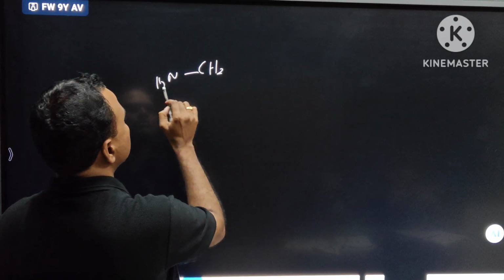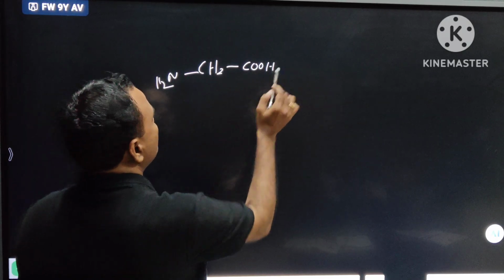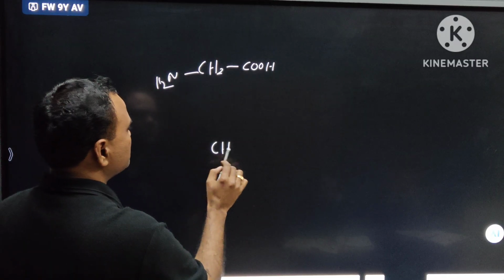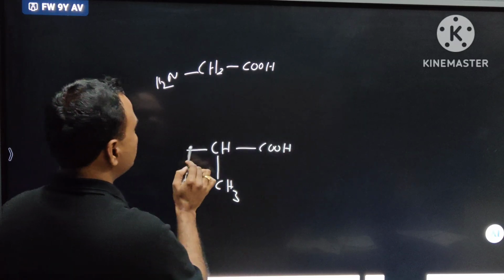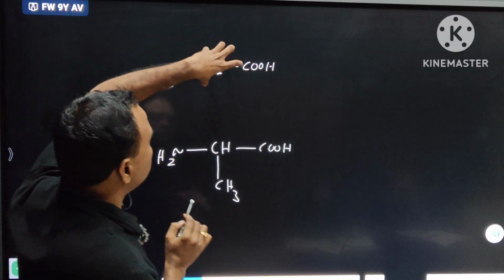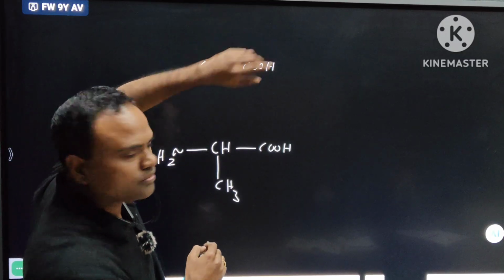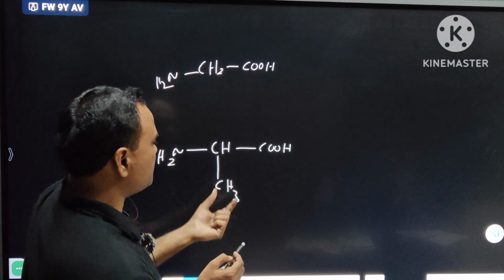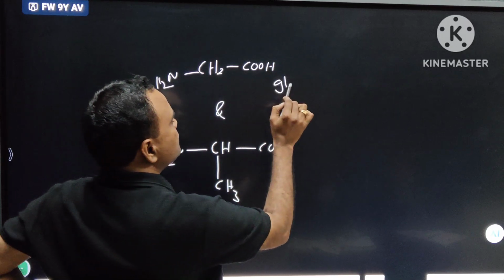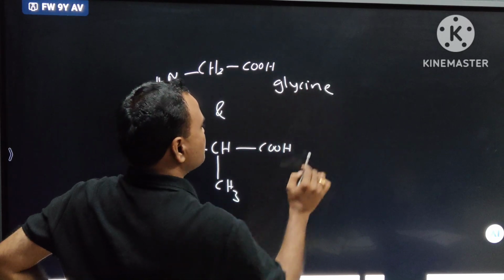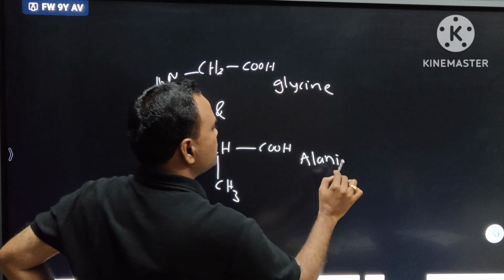CH2, NH2, COOH. Now what I did, you tell me. What are the changes I made in this structure? I removed one hydrogen and I kept a CH3. So this is glycine, this is alanine. Note down these also.